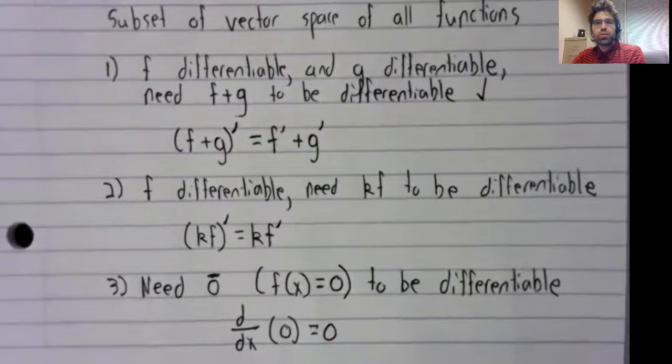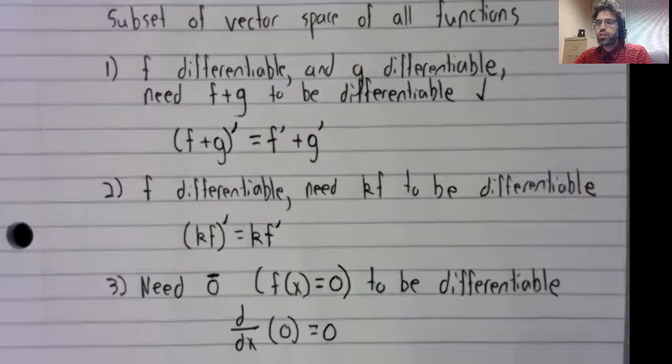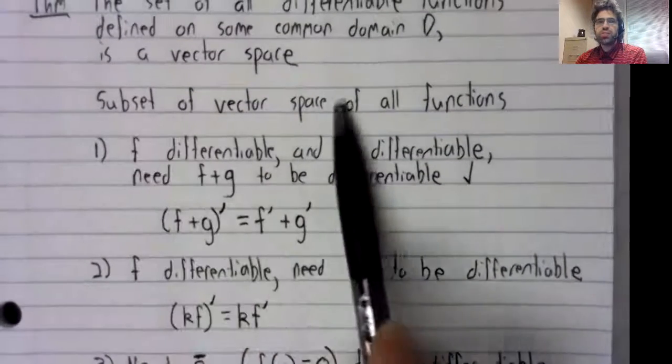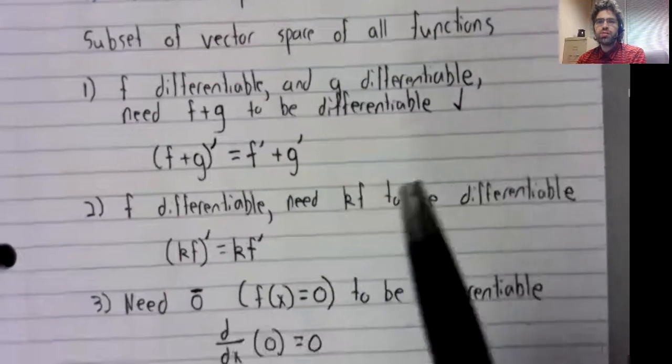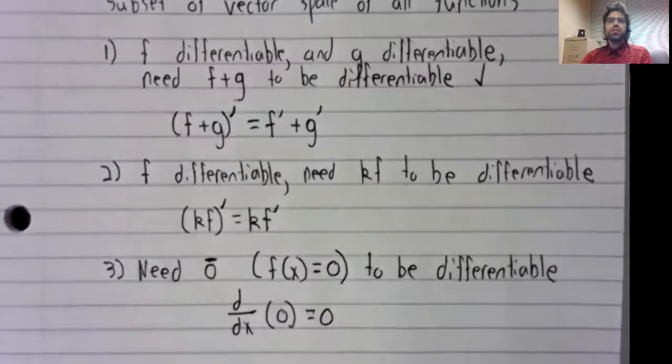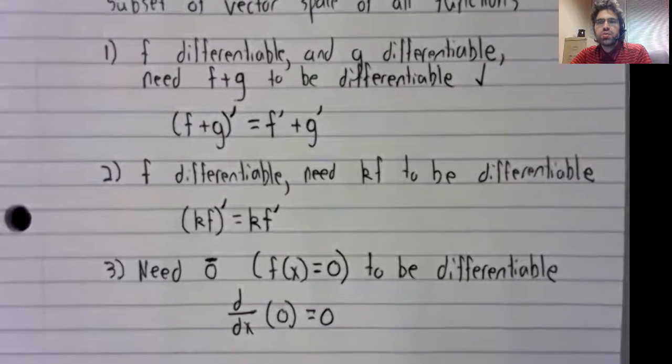So the set of differentiable functions is a subset of a vector space. It satisfies the 3 subspace conditions. It's a subspace of that vector space.